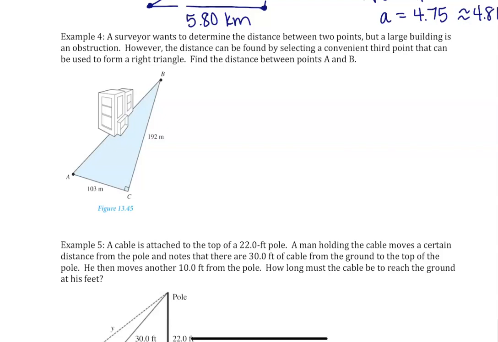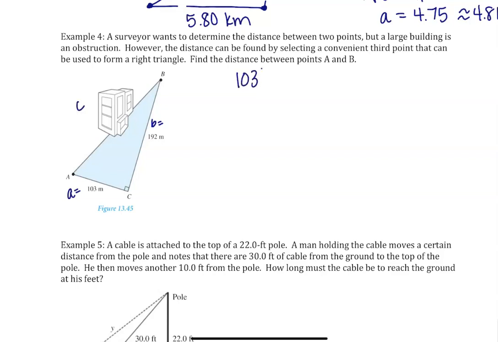Those would both be sides because they are next to that 90-degree angle. So these would be legs, we can call A or B, and we can find what we're interested in, the distance between A and B, by solving for a hypotenuse.